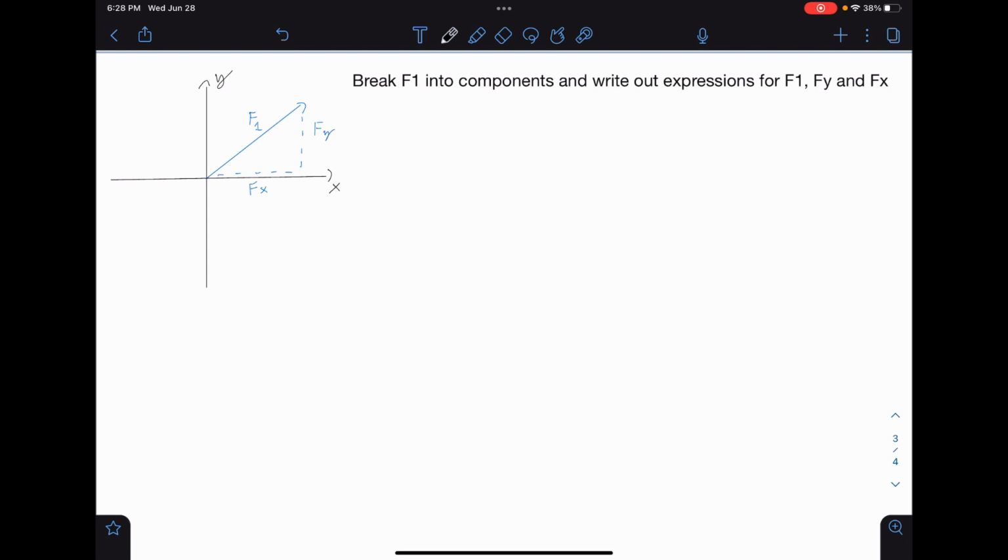This says break F1 into components and write out expressions for F1, Fy, and Fx. Fy is F1's y component, and Fx is F1's x component.